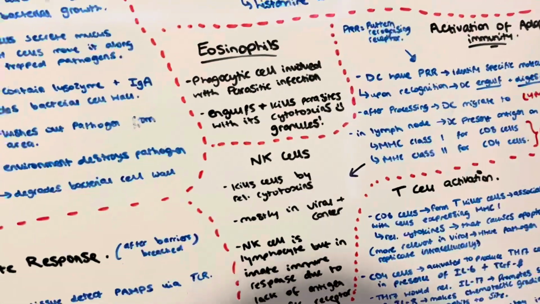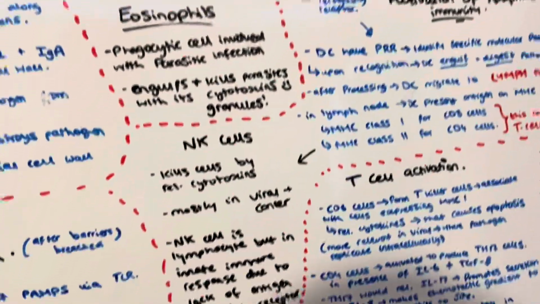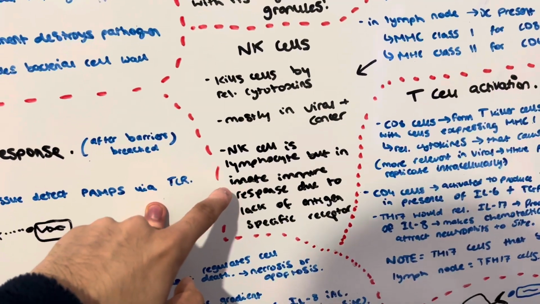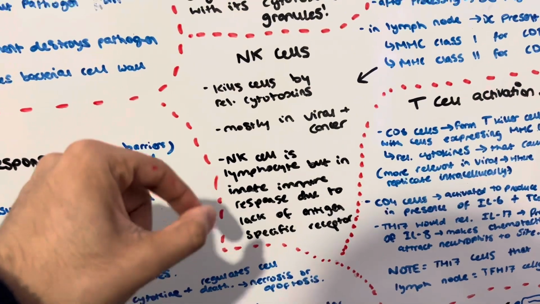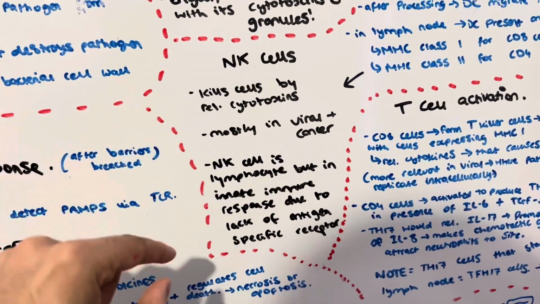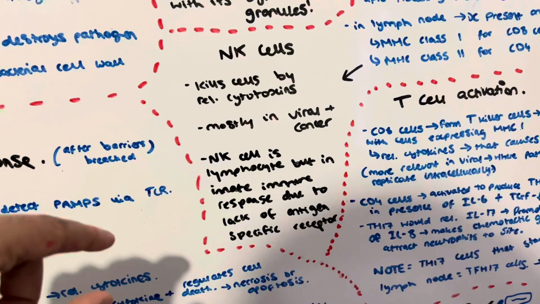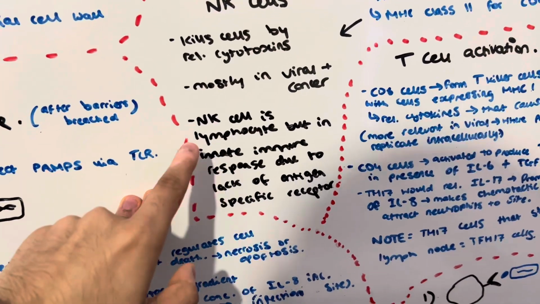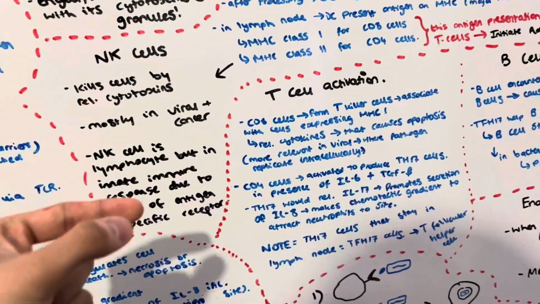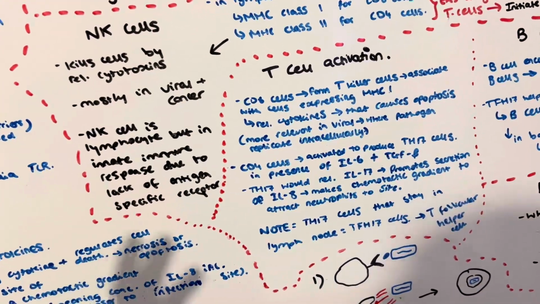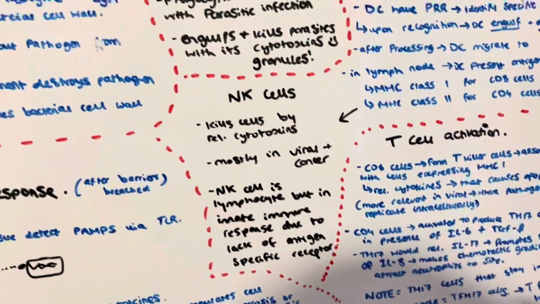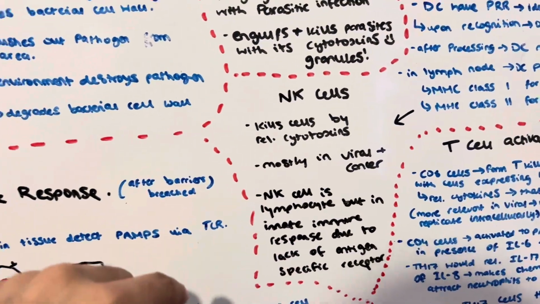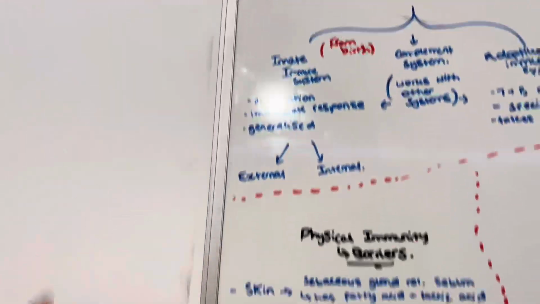However, they are not involved in adaptive immunity like T cells and B cells. The reason being is that natural killer cells are a lymphocyte, but they're involved in the innate immune response, not the adaptive immune response, because they lack an antigen-specific receptor. However, our T cells, for example, do have antigen-specific receptors. And for that reason, NK cells are involved in our innate immune response.